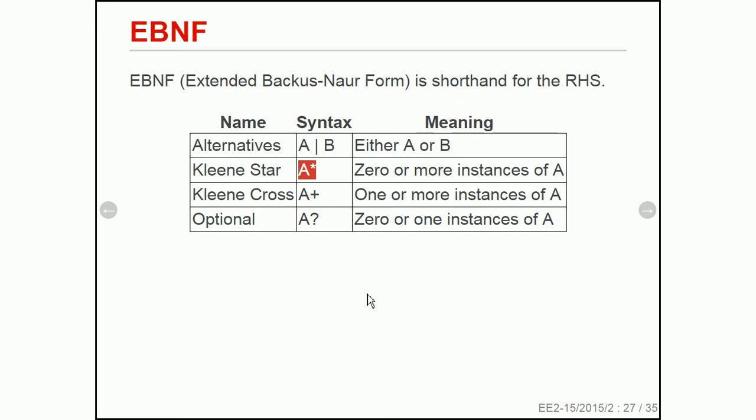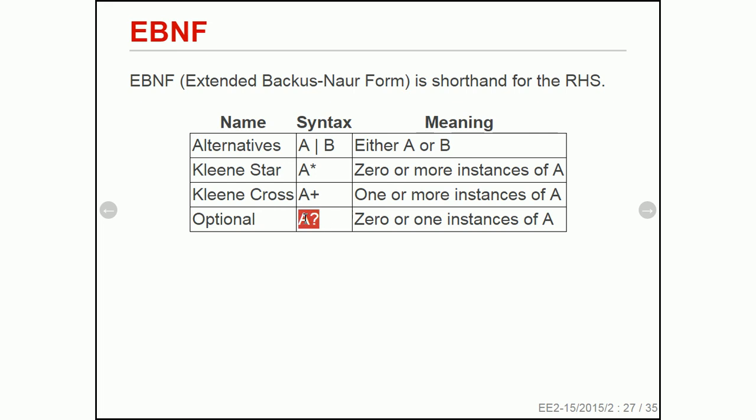Here it says that for A plus, A must appear at least once, but it could then appear 2, 3, 4, 5, 6, 7, however many times you want. So it's quite a subtle difference between those two things. The Kleene star can match nothing, but the Kleene cross must match at least one A.